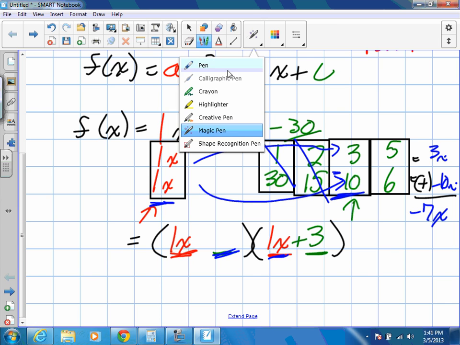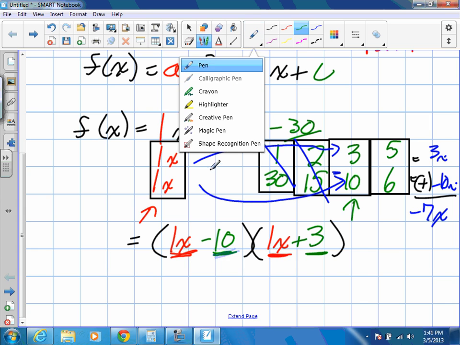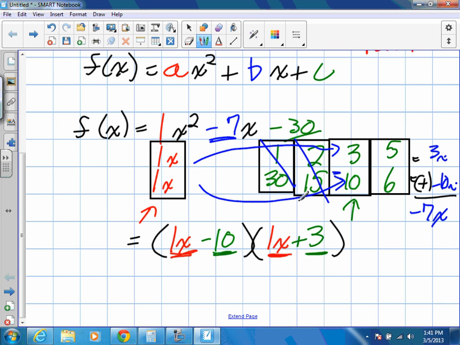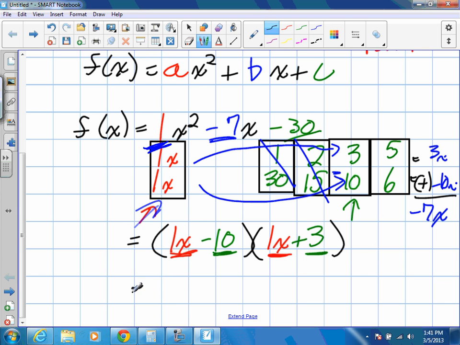Now, what you guys will notice is, whether I did it the other way or not, it would have been the same. But that practice of putting them in opposite brackets is very important when the A value is not 1. Okay? So our final answer here is x minus 10, x plus 3.